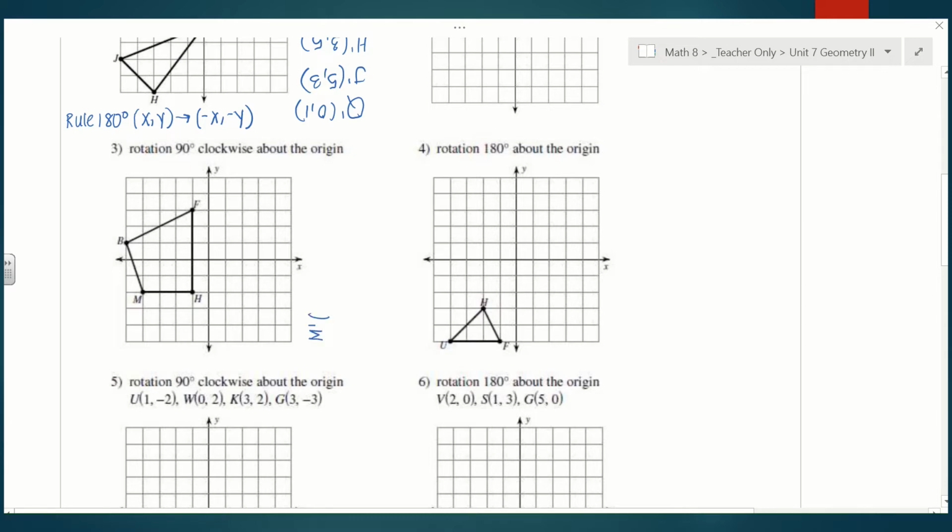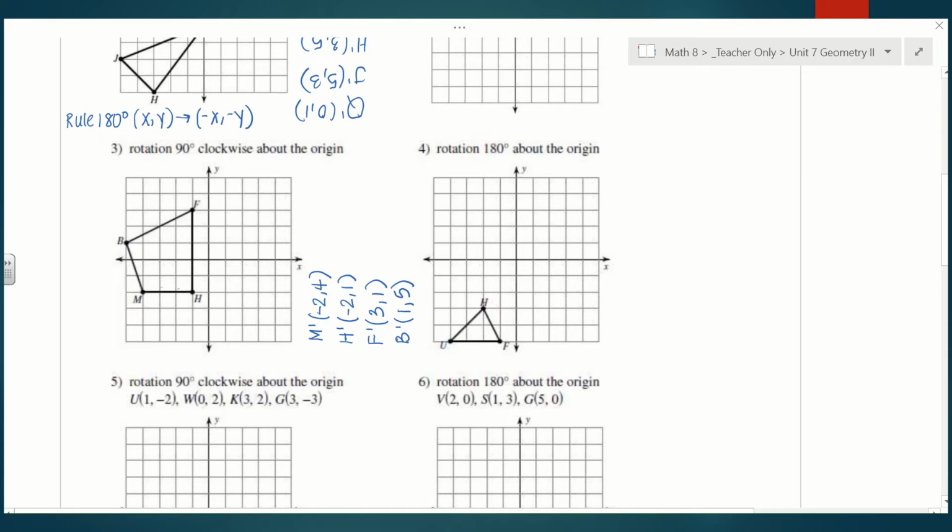So we're going to have our new M be negative 2, 4. I'll do H next. Again, it doesn't really matter the order in which you're writing these points down. Negative 2, 1. Looks like F prime will be 3, 1. And B prime will be 1, 5.